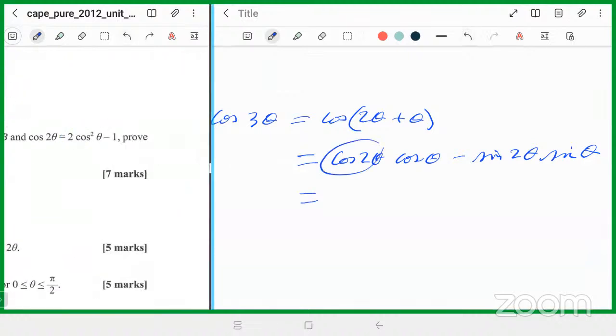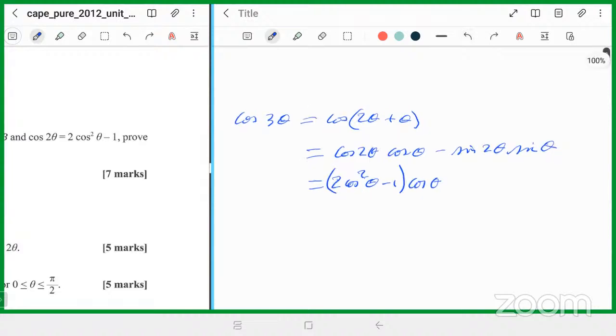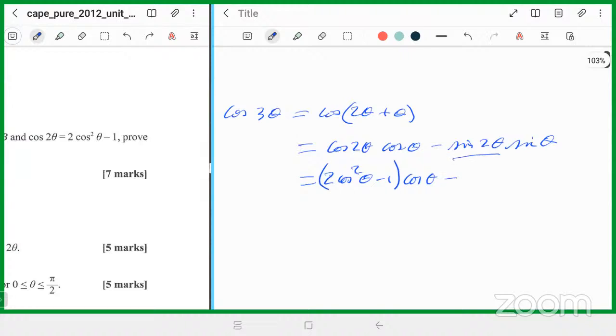So this is going to become 2 cos squared theta minus 1 times cos theta. And then I'm going to expand this one, which is the same as 2 sine theta cos theta, and multiply that with this sine theta.